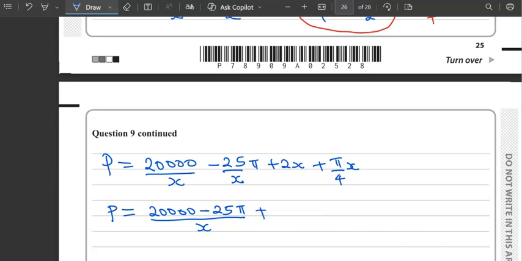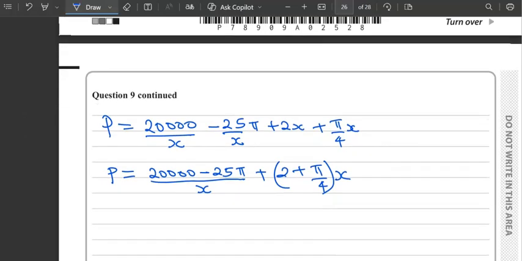Then we add 2x and pi over 4x. We can factor out x, so this one will be plus 2 plus pi over 4, then into x. And remember, this is what part B wanted us to show, so we can write here hence shown.